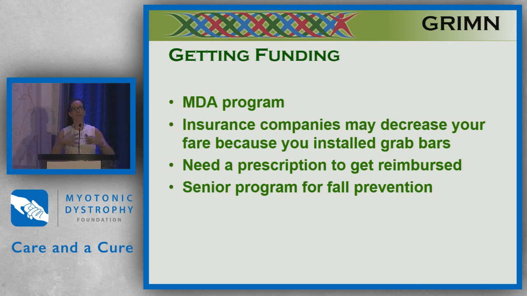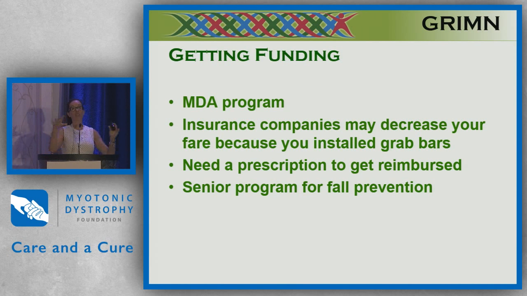I've given all kinds of advice, but not all of them cost money, though some of them do. So please look for funding. You can talk to your social worker, your nurse, or your healthcare team and say, I would like to see if there's any program in my community, in my area. There's a lot out there when you start to look into it. So MDA programs, insurance.